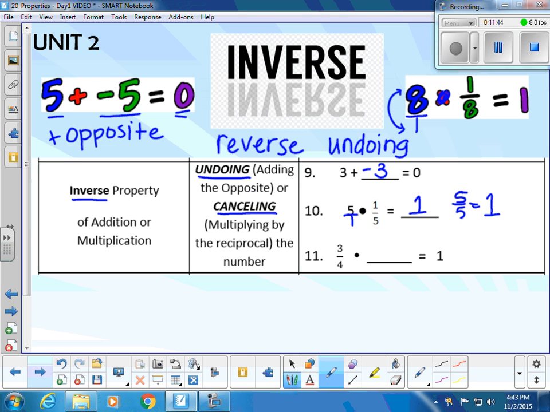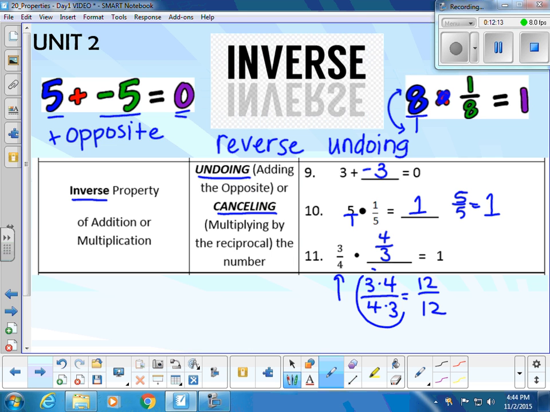Looking at number 11, if I have 3 over 4, and I'm multiplying, I'm looking to undo that by multiplying by its flip. Take this fraction, flip it upside down. Now the 3 would be on the bottom, and the 4 would be on the top. So now if I multiply them, I have 3 times 4 and 4 times 3. 3 times 4 is 12. 4 times 3 is 12.